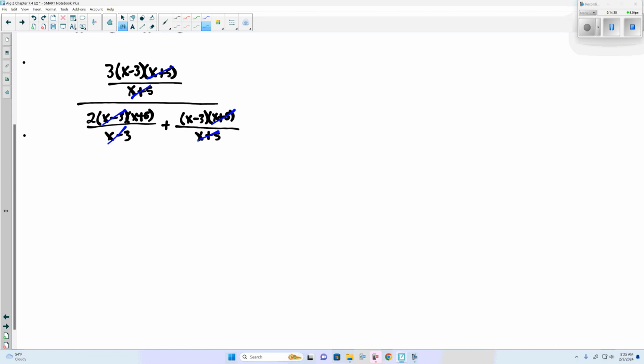In the last one, we have x plus 5 and x plus 5. We don't want to distribute through those parentheses because there should be something in common on top and bottom, and those will cancel out. And what we're left with is 3 times x minus 3 over 2 times x plus 5 plus x minus 3.